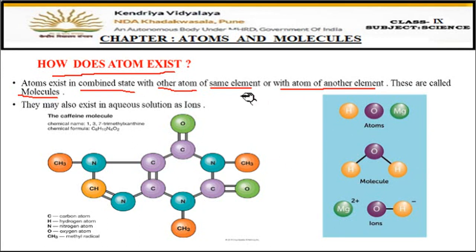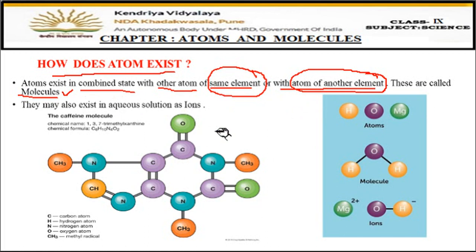So when atoms of the same element combine together they make molecules of an element, and when atoms of different elements combine together they make molecules of a compound. Okay, but it is very true that when atoms combine together they make molecules. In detail you will study about these molecules in the next video, but this much you have to remember.